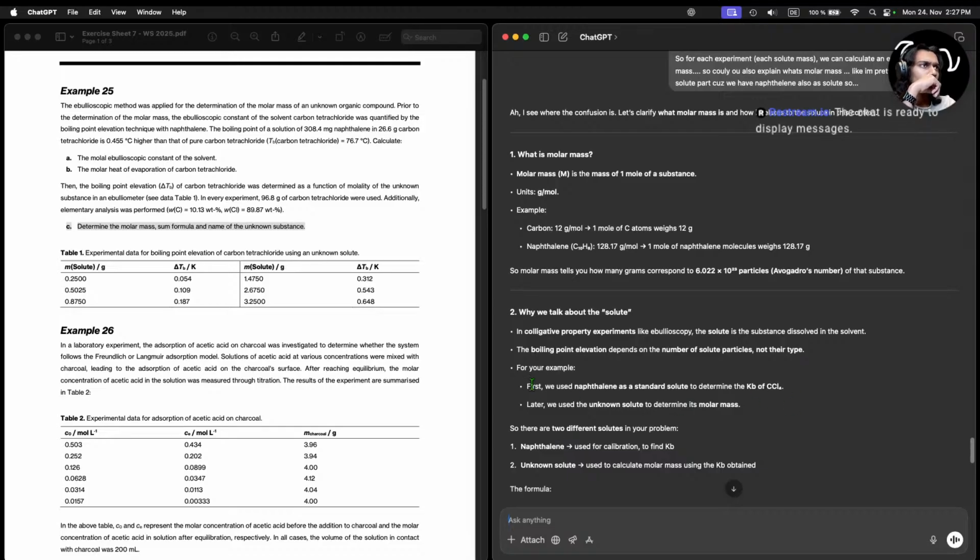Ah, okay. For example, first we use naphthalene as a standard solute to determine the Kb. Later, we use the unknown solute to determine its molar mass.